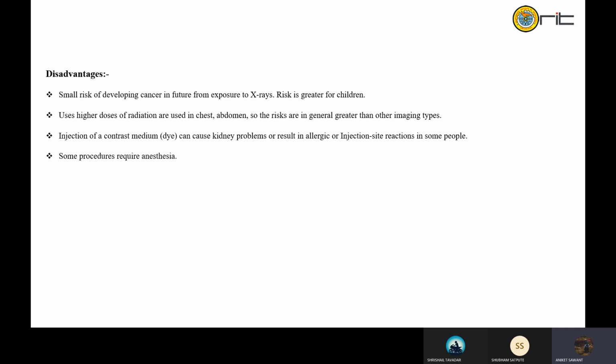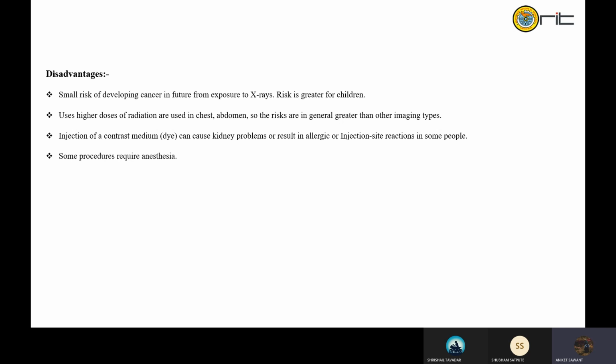Second disadvantage, high doses of radiation are used in the chest and abdomen, so the risks are in general greater than other imaging types. Meaning the CT scan rays are inserted very deeply and precisely into the patient's body. It can be harmful to a patient's body.